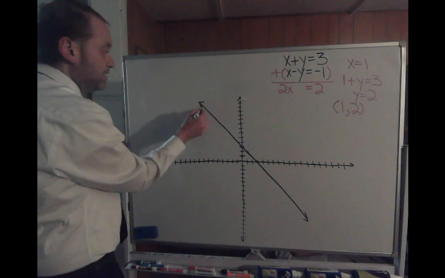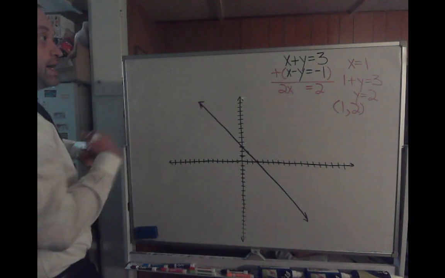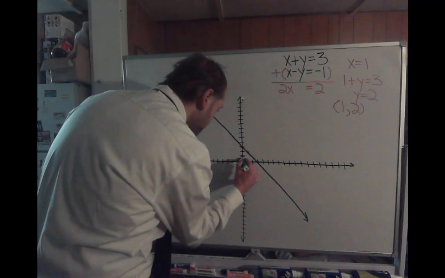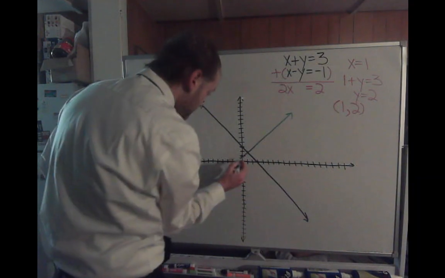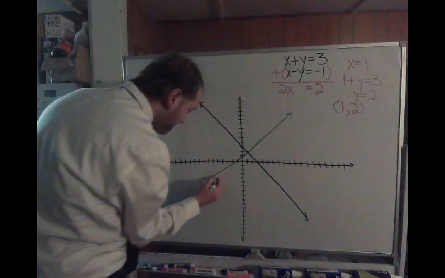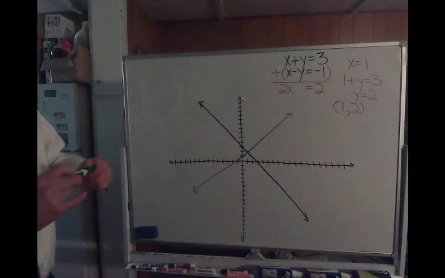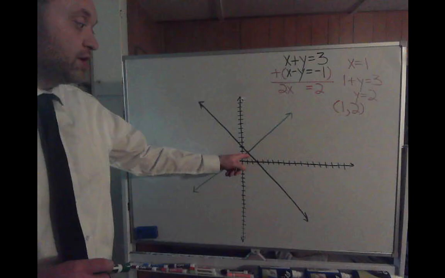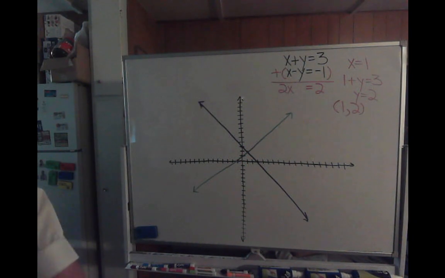And then I'm going to draw my line through x minus y equals negative 1. And I have graphed both of these lines, and I have their point of intersection here at the point (1, 2), where they both intersect.